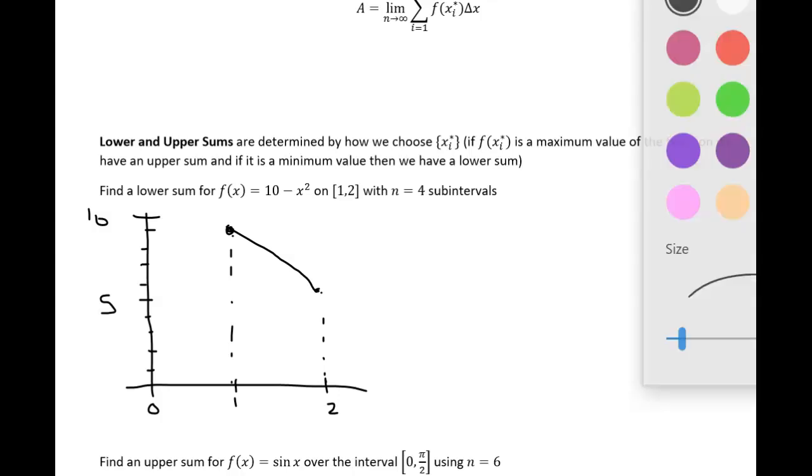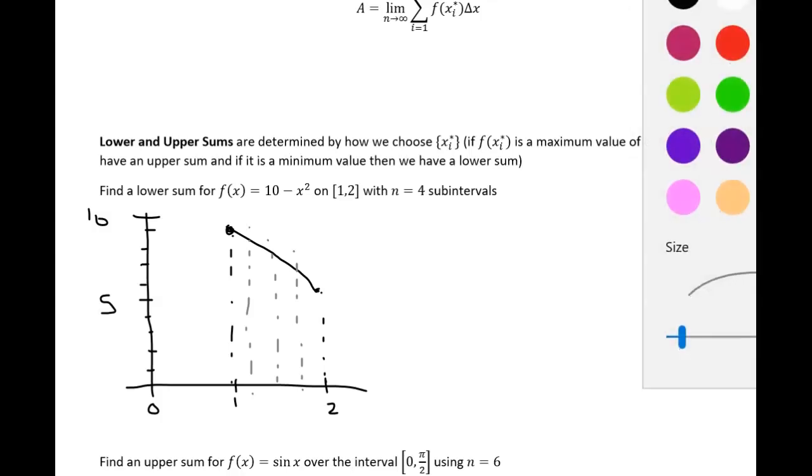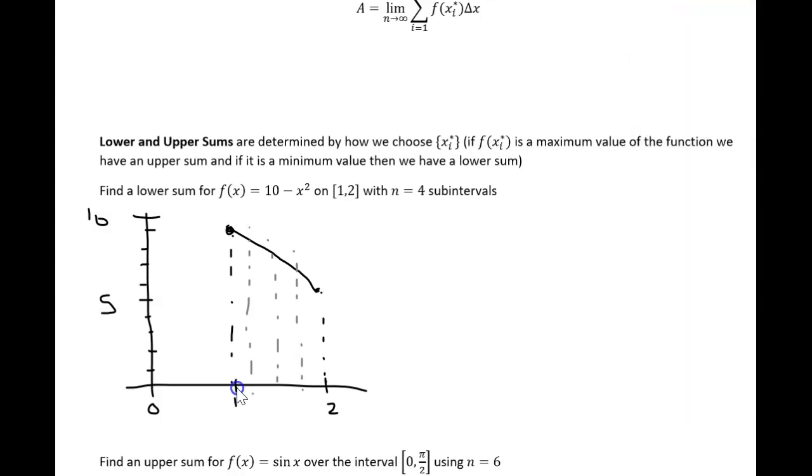If we have 4 intervals, there's 1, 2, 3, then we know that each interval has to be 0.25 to accommodate the distance 1 to 2. So you can always calculate your delta x like this, which is b minus a divided by n. And so in this case, our delta x is 0.25.